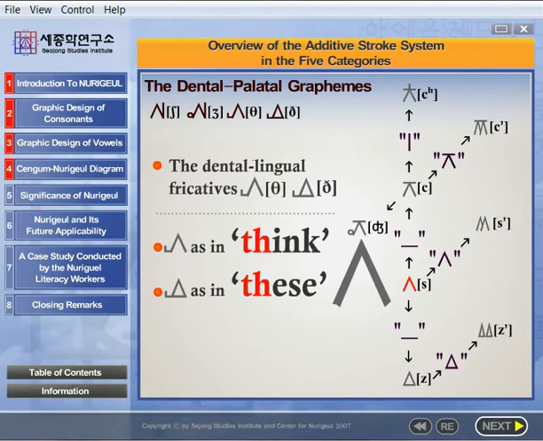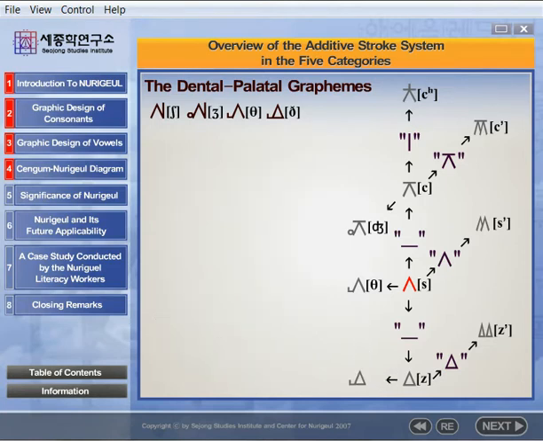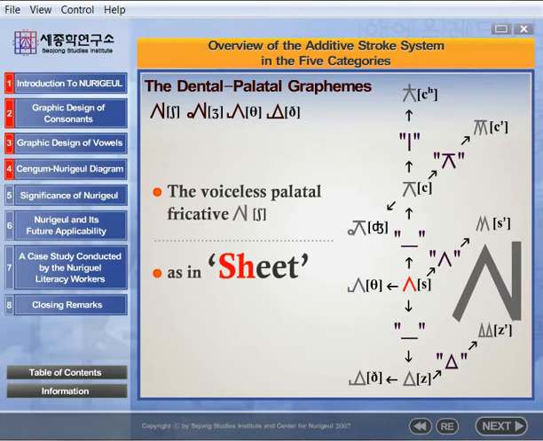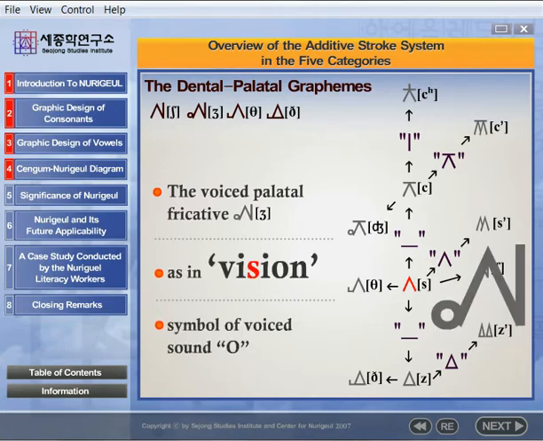The letter shapes are formed by adding the lingual subscript to S and Z. The voiceless palatal fricative, Sh, as in sheet, is formed by adding the vowel E to the grapheme S. The voiced palatal fricative, J, as in vision, is formed by adding a symbol of voiced sound to the lower left corner of Sh.